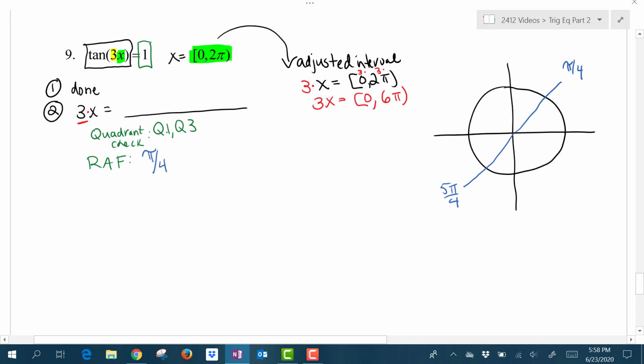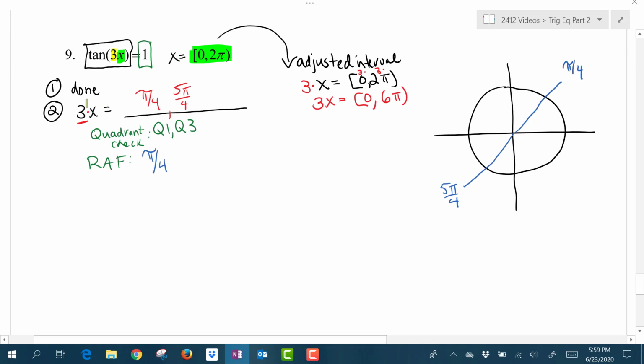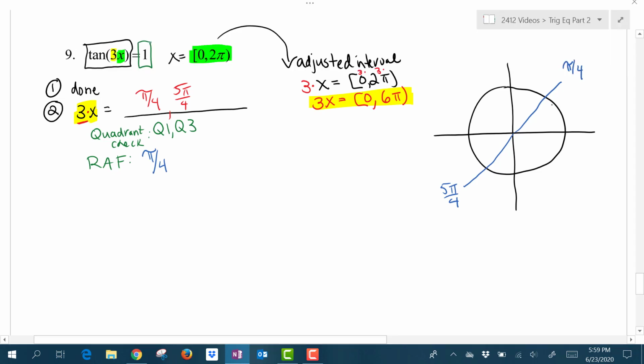Alright, let's go ahead and copy those down. For quadrant 1, pi over 4. From quadrant 3, 5 pi over 4. Now we need to go back to, we're solving for 3x right now in the adjusted interval. Since we multiplied by 3, what we're basically doing is looking for angles for 3 times around the circle.